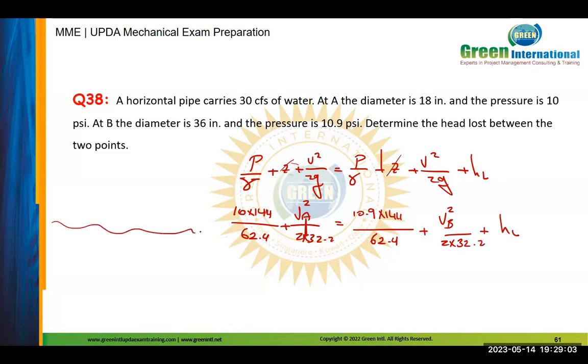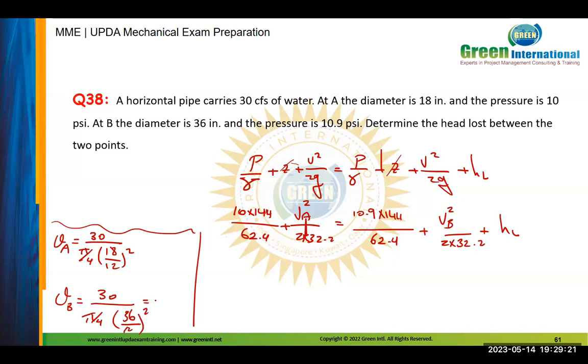And we discussed the velocity: VA equals Q, which is 30 divided by pi over 4 times 18 over 12 squared, and VB is 30 divided by pi over 4 times 36 over 12 squared.